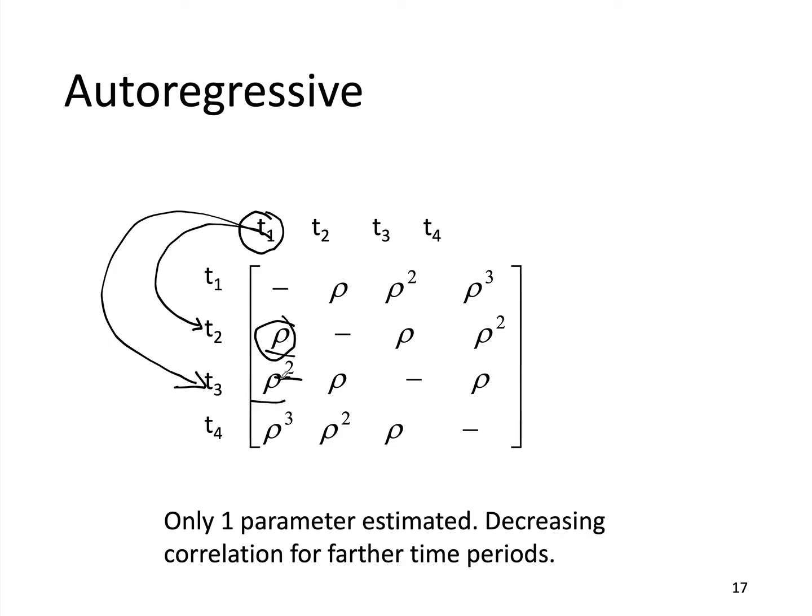It could be reversed, but it's almost always in that direction, right? My time 1 to time 2 correlation is going to be higher, and then it's going to degrade at some function, and then the same thing is going to happen as I move further apart. So my time 1 to time 4 is going to be lower than my time 1 to time 3, and certainly lower than my time 1 to time 2.